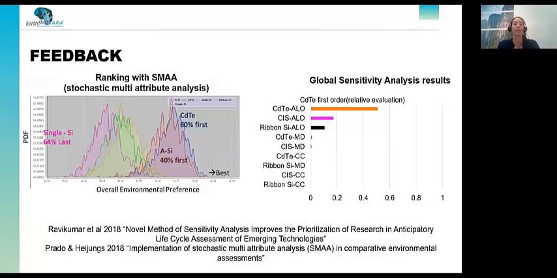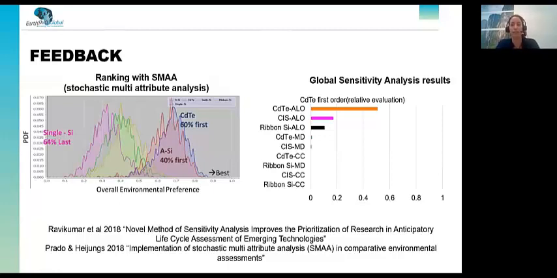So if we want to refine this, if we say, I don't know which one to pick, or I don't know which way to go, I can refine this study to discern these alternatives. I could apply a global sensitivity analysis, and in our last publication last year, we show how to use this global sensitivity analysis especially to evaluate this type of ranking.